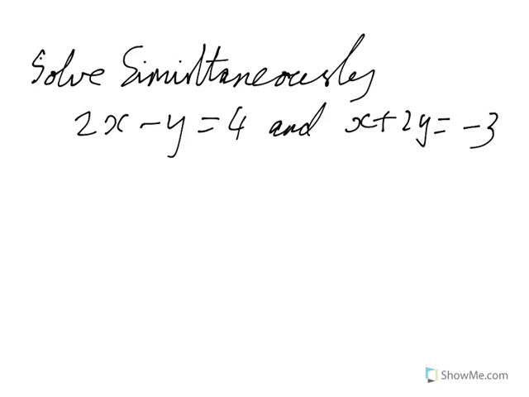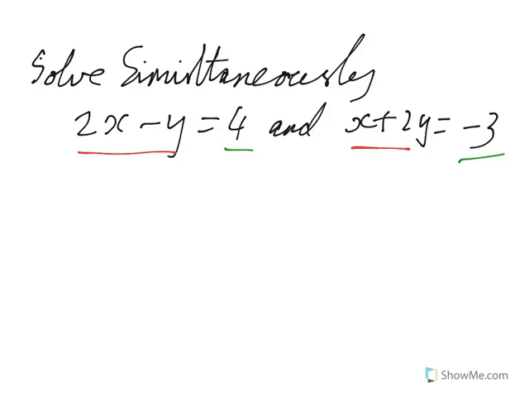There are a couple of different methods that you can use to solve simultaneous equations. When they're in this form, you'll notice we've got the x and y on one side, and on the other side we've just got the number.